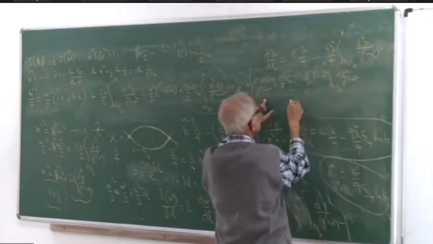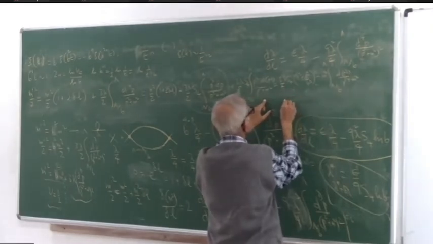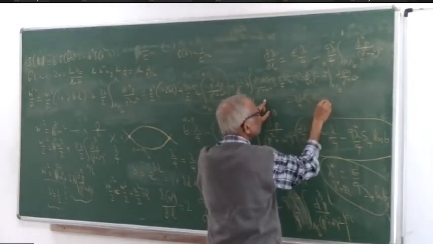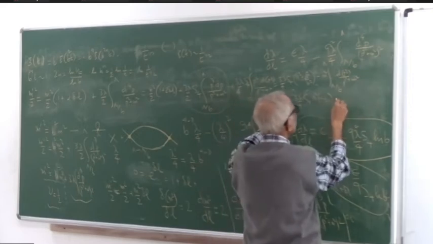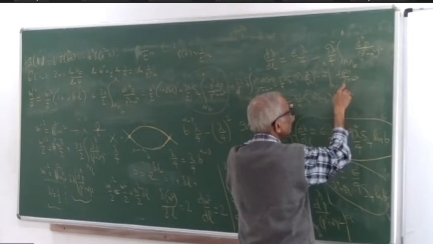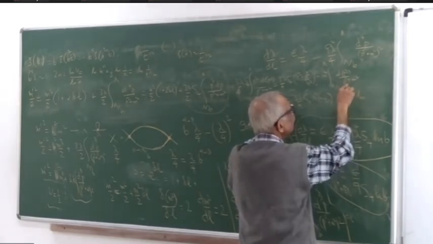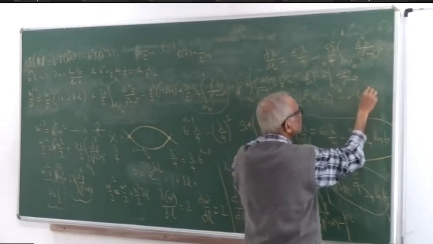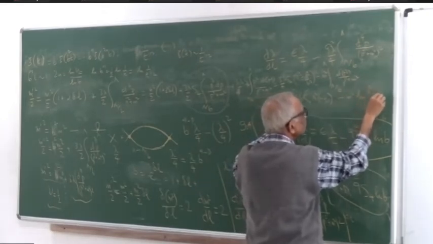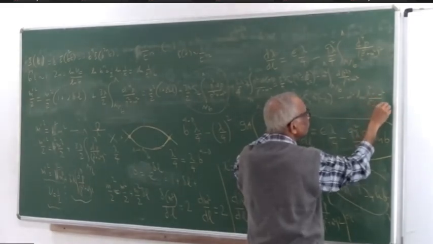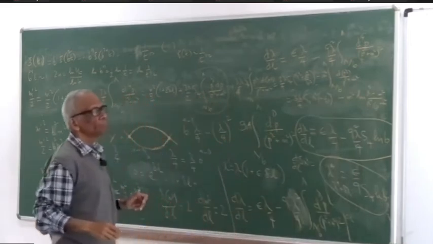So this is equal to 3 lambda over 4 S4 lambda square, 1 minus 1 over B square minus M square, and then it is log of P square plus M square divided by that. So that is lambda square plus M square divided by lambda square over B square plus M square.